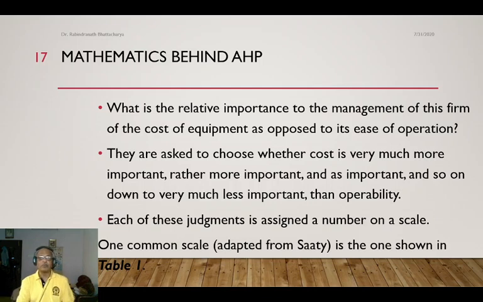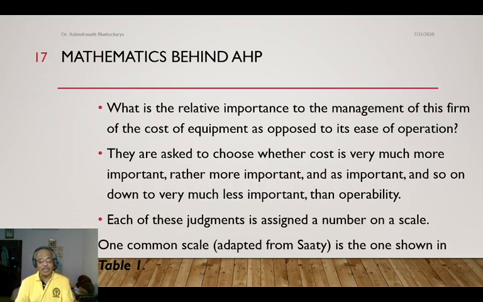So what is the relative importance to the management of this firm of the cost of equipment as opposed to ease of operations? Now, if you say that the cost of equipment is, say, 9 times more important than ease of operations, or 7 times, or 5 times, you must put a number.